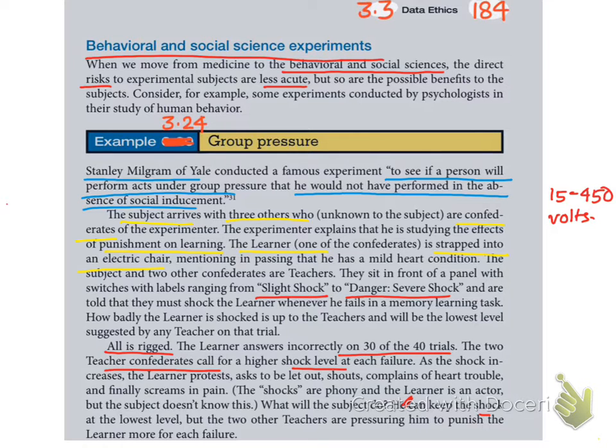Every time the learner gives an answer, the teacher can hear it, and after increasing the shock for an incorrect answer, the teacher can hear the reaction. As the shock level gradually increases, the learner protests and asks to be let out, shouts, complains of heart trouble, and finally screams in pain. The shocks were phony, and the learner was an actor, so it was not an actual shock. But the subject didn't know.